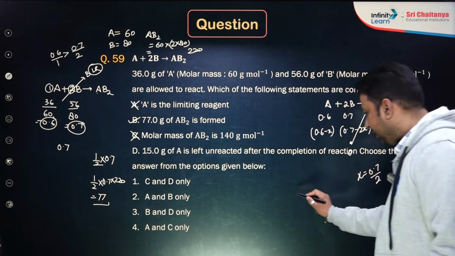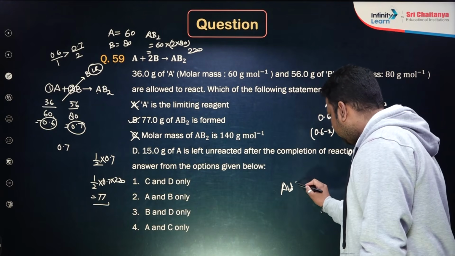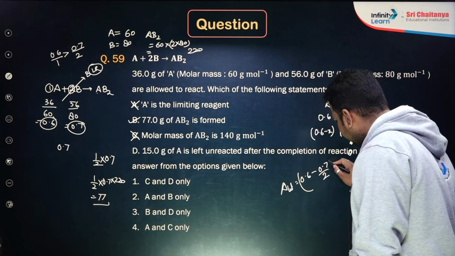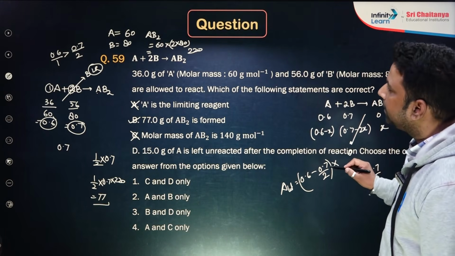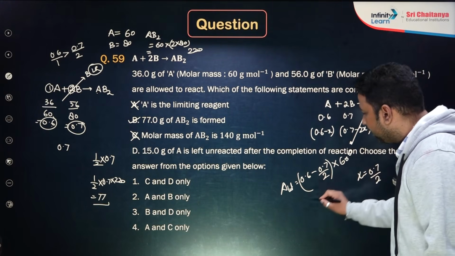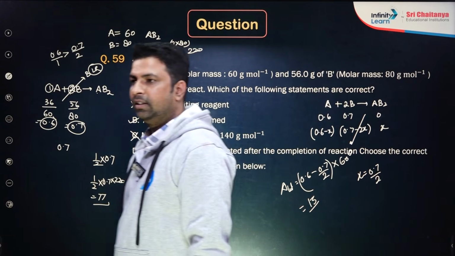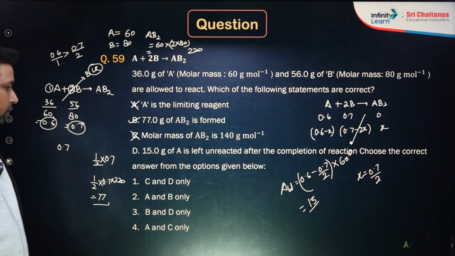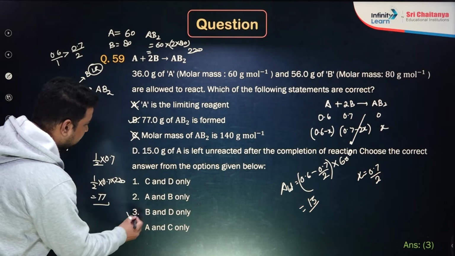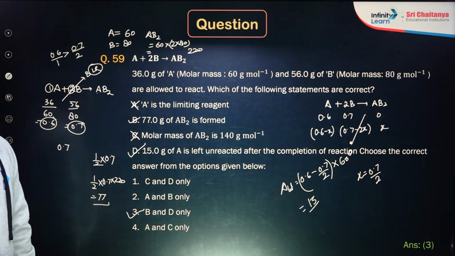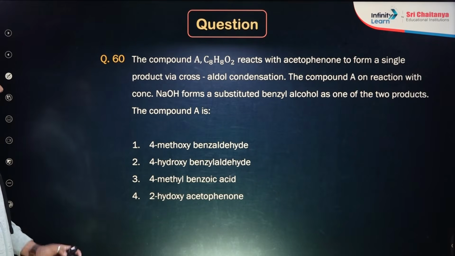Put the value in: A left will be 0.6 minus 0.7 by 2, and if it is multiplied by its mass, that is 60, it will come out exactly 15. If you solve this, you will get 15. So your B and D, these two options, are correct. A simple stoichiometric calculation based question.